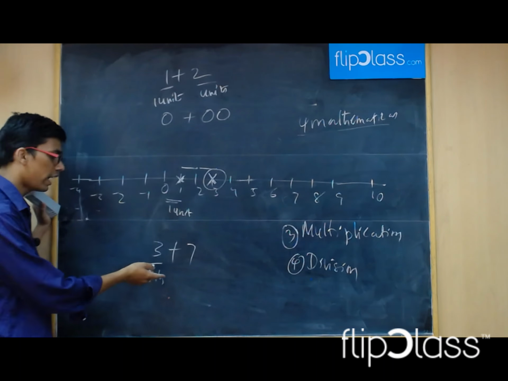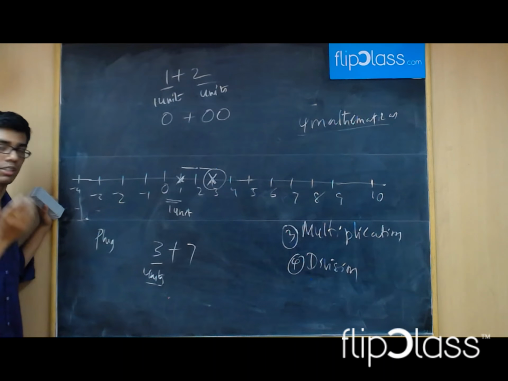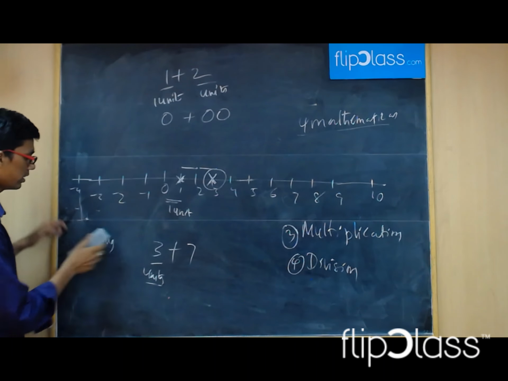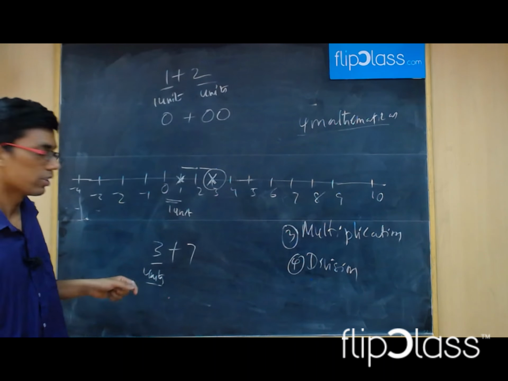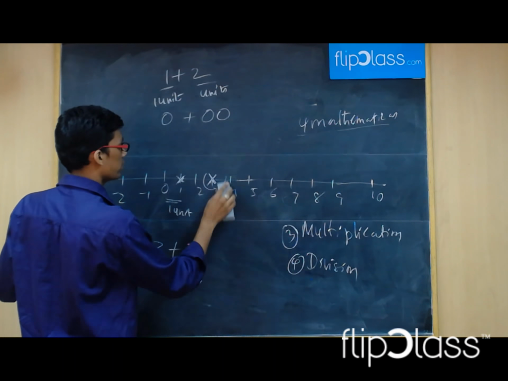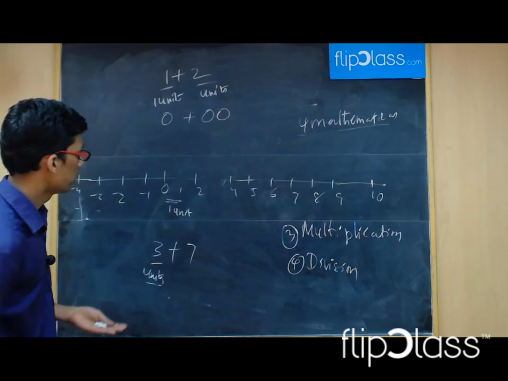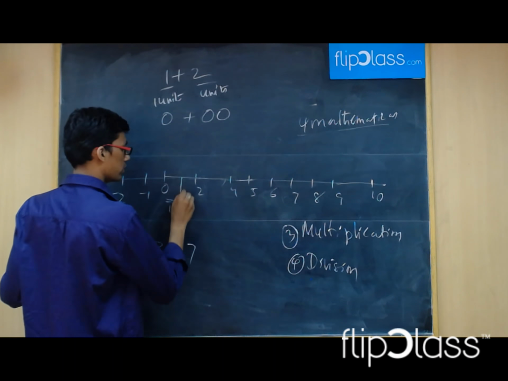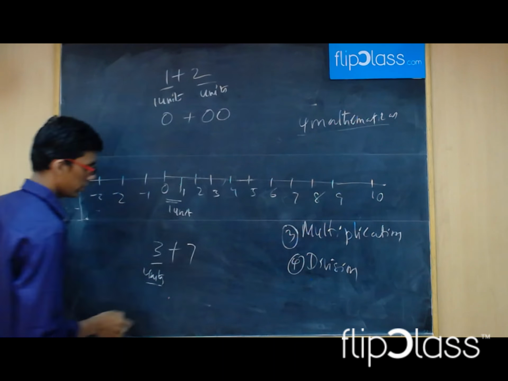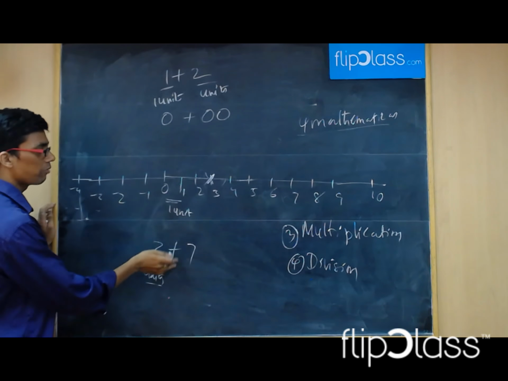You can add physical quantities like cars, or whatever mathematical units. You have to just add these numbers. So 3 units is noted on this number line here, and to these 3 units you have to add 7 units.